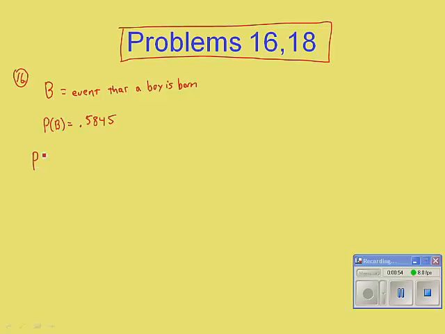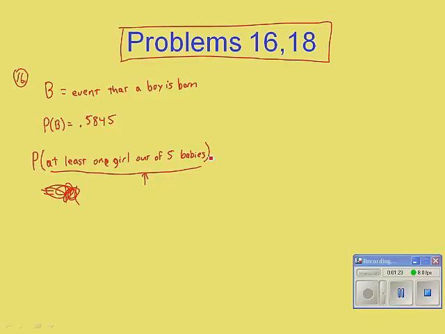So if we want to compute the probability that there is at least one girl out of 5 babies, this will equal the probability that what happens? Well, let's think of it this way. What's the complement of this event right here? So it's going to be 1 minus the probability that what happens?